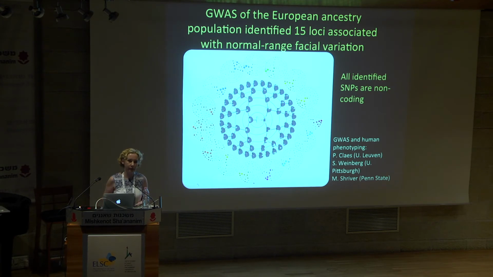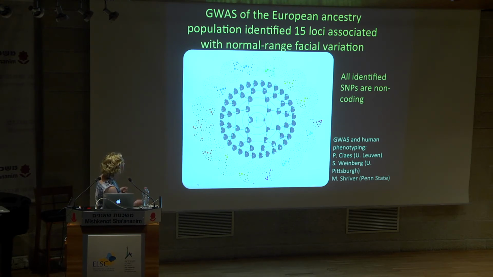And what is really interesting about their study is not just that they identified loci generally associated with variation, but they also divided those into very specific facial modules, measuring this facial variation specifically over unique parts of the face, and this is highlighted in those white patches.